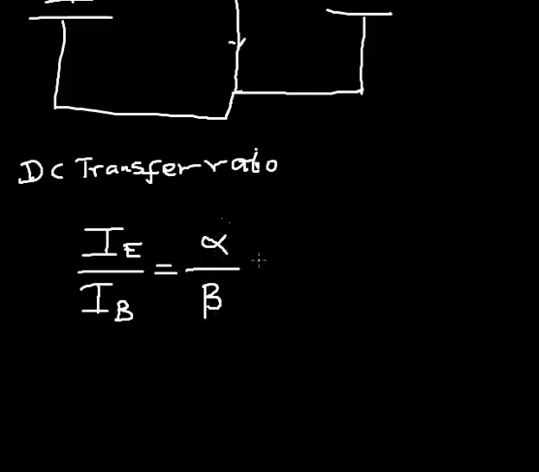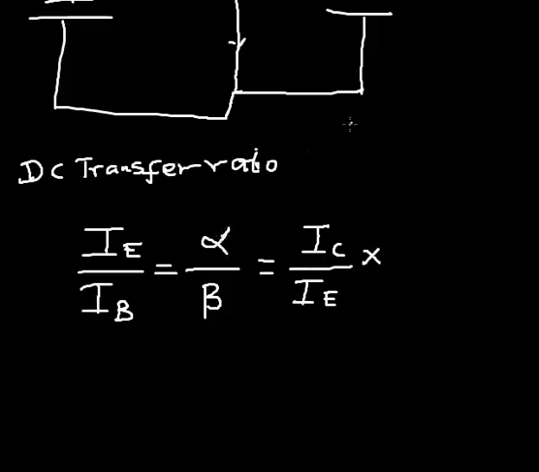I can also prove that. Remember, alpha is IC divided by IE. Then beta is IC divided by IB. So when you invert it, you know what happens.